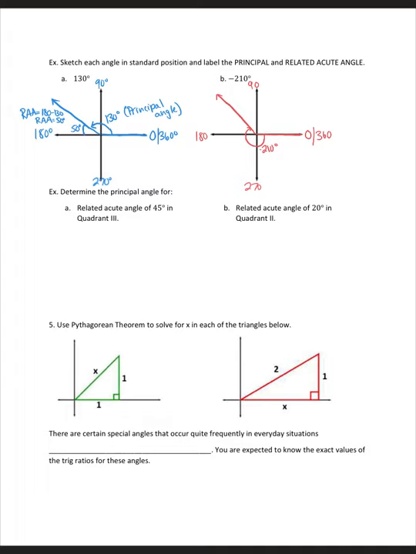Okay, our principal angle always has to be a positive version. So our principal angle is going to be the positive version of that. So our principal angle will be from that initial arm to the terminal arm in a counterclockwise position.